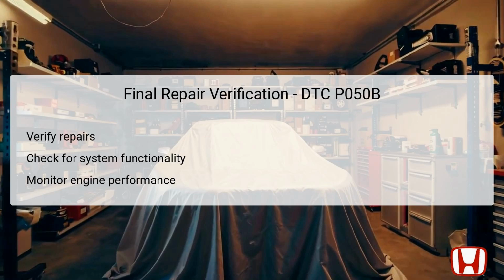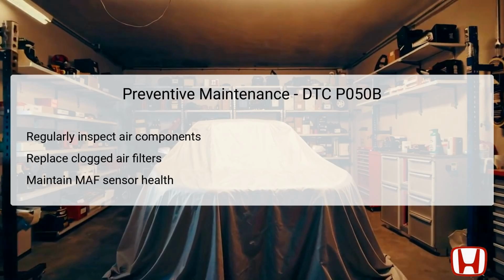To help prevent recurrence of DTC P050B, establishing a routine preventive maintenance schedule is essential. Regular inspections of air intake components, such as ducts and air filters, can help catch issues before they develop into larger problems.